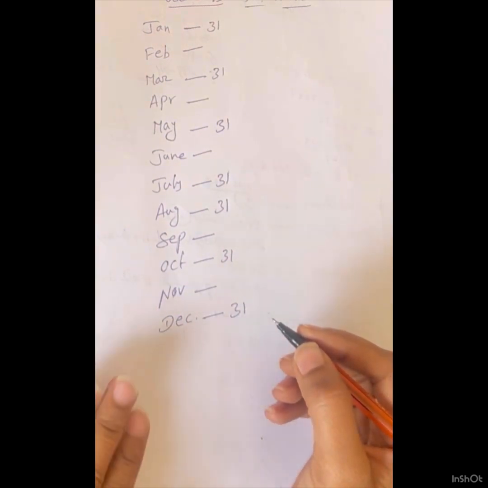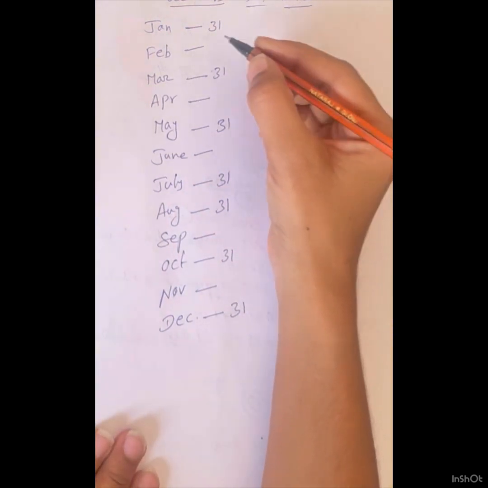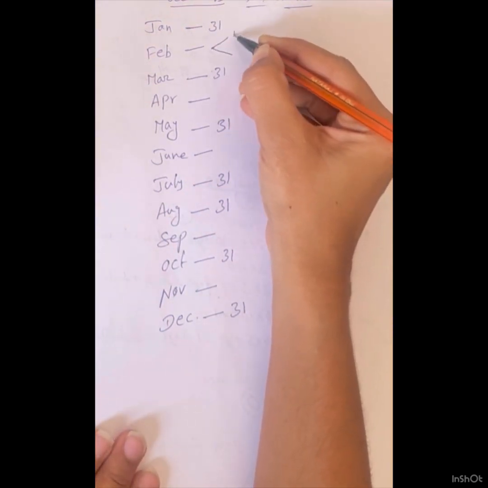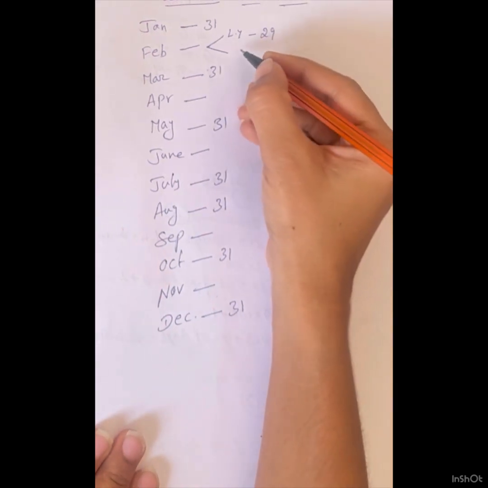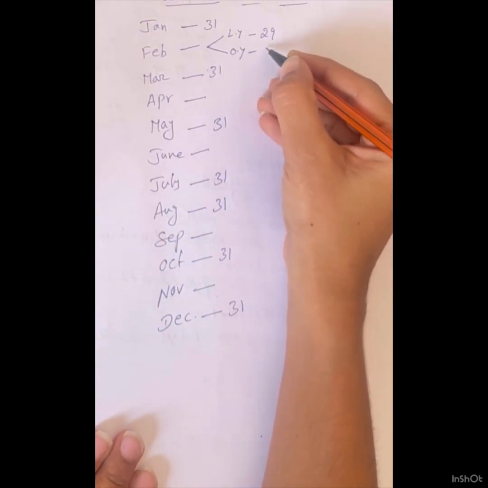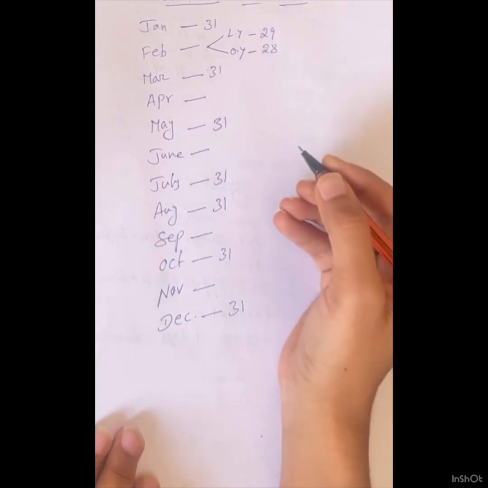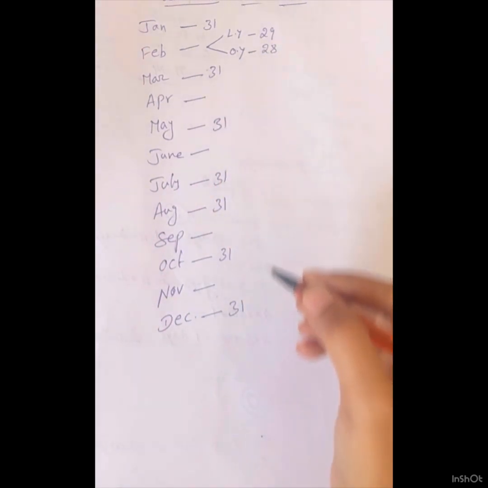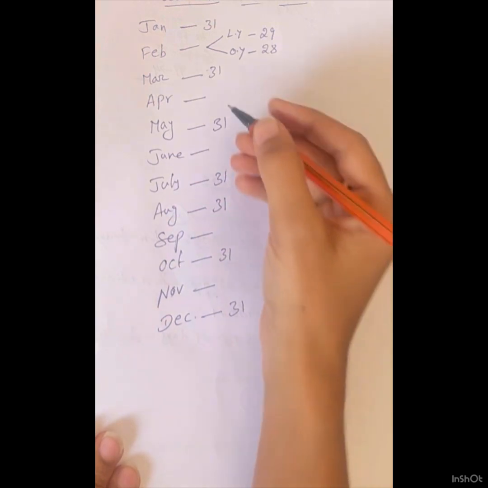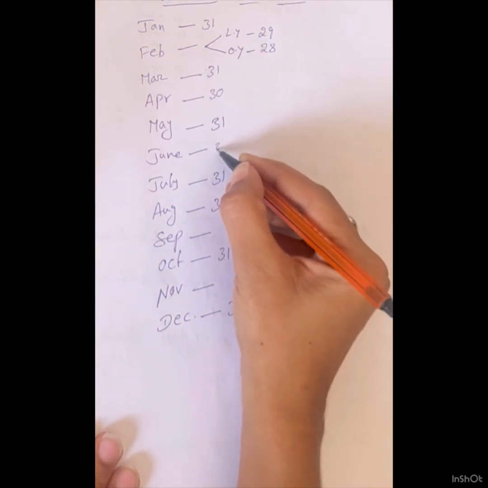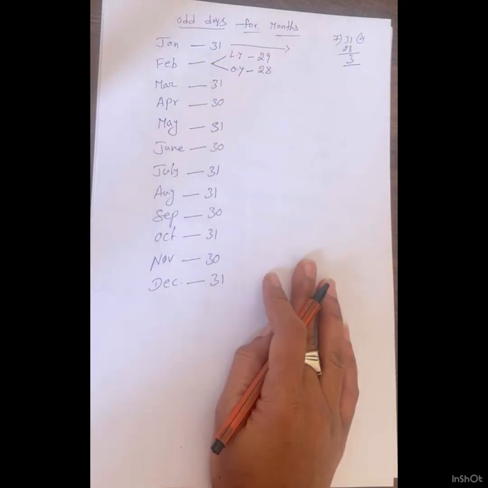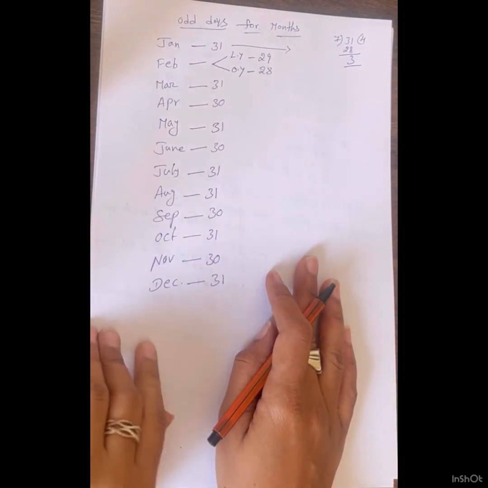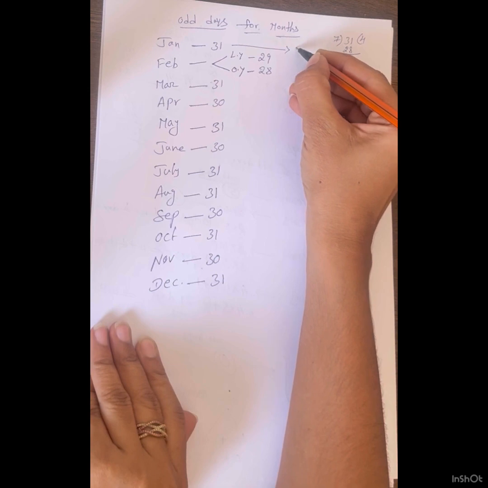Okay, coming to next, February: if it is a leap year, February has 29 days. If it is an ordinary year, it has only 28 days. Next, all the remaining months have only 30 days. So the January month has 3 odd days.